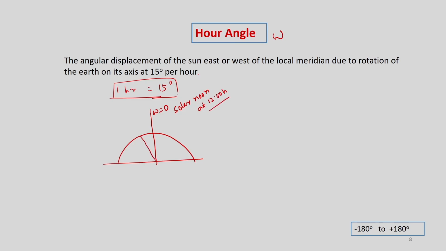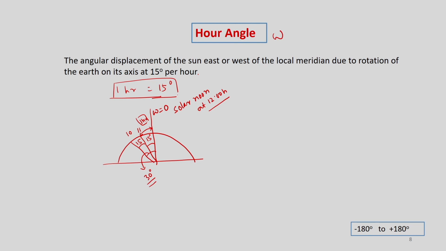And if we divide, maybe this is 11 or this may be 10. Okay. So, this angle is 15 degree. When this difference is 1 hour, 1 hour is 15 degree, this is also 15 degree. Okay. The total hour angle here will be 30 degree.